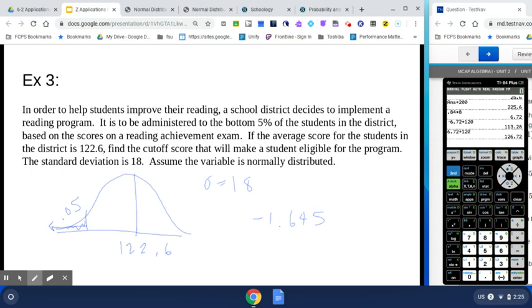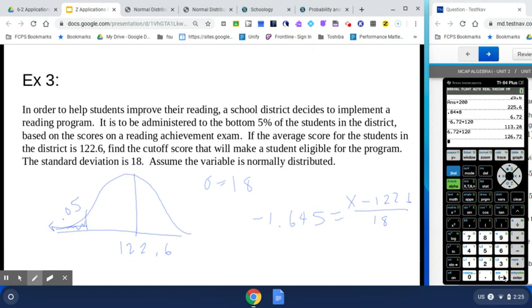Again, I averaged negative 1.64 and negative 1.65 together. We only do that if they are evenly split. If they're not evenly split, we're going to go to the closest Z value. All right, let's convert that to an X. So we have the data value X minus the mean, we know 122.6, divided by the standard deviation of 18.